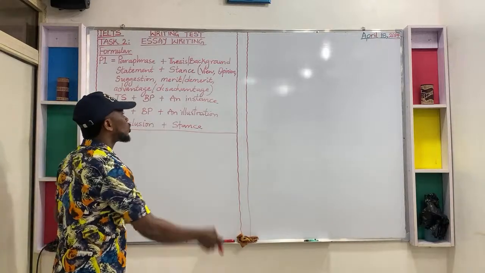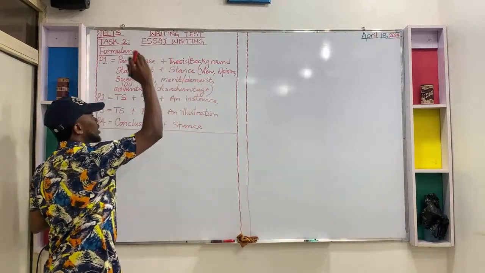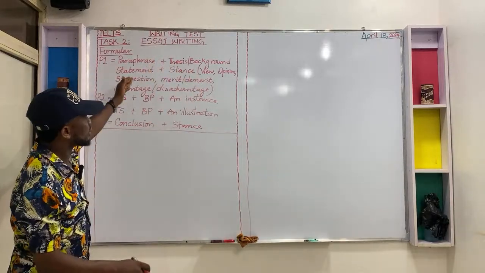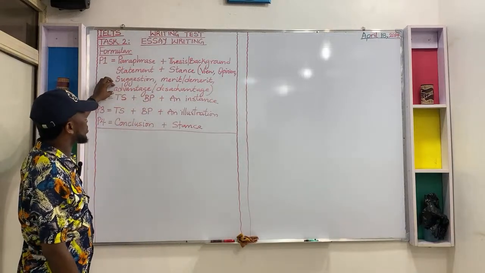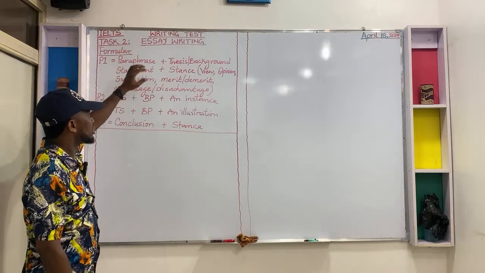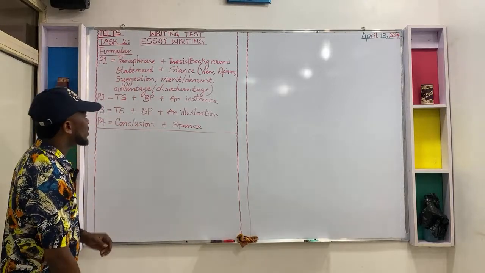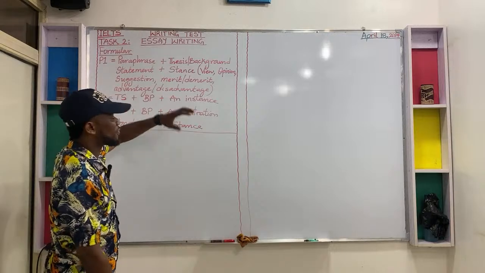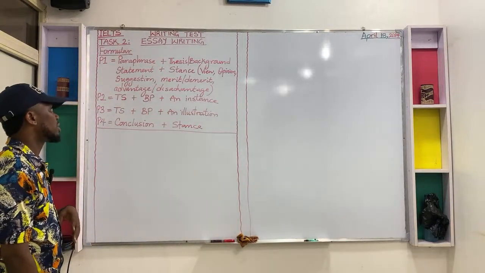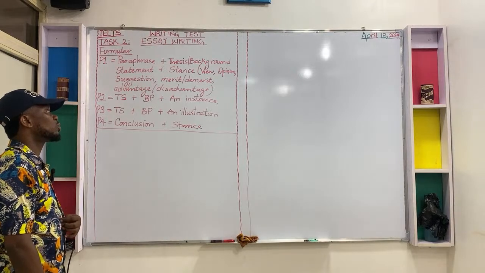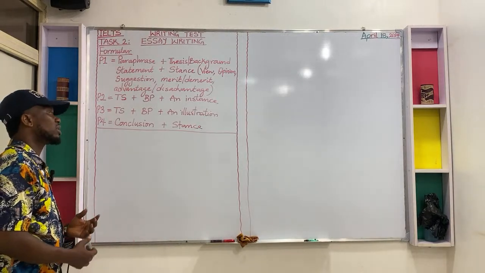Now, your stance could be view, opinion, suggestion, merit or demerit. In some cases, it could be considered as advantage or disadvantage. So you get to know your stance from the instruction, from the question. Some questions would ask you, do you agree or disagree?